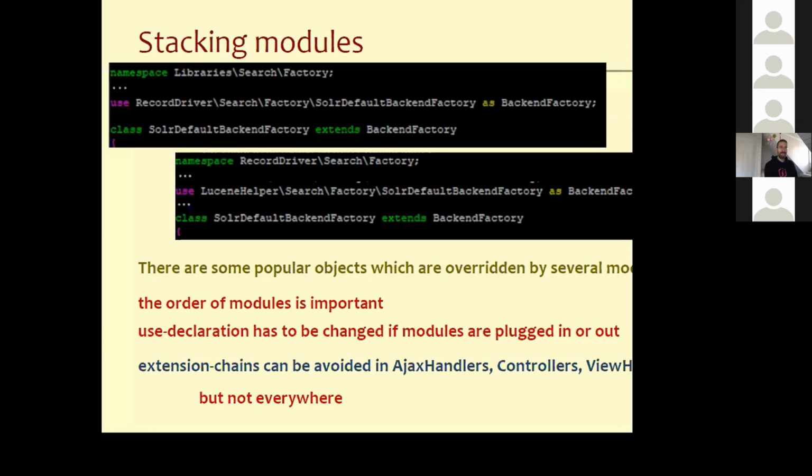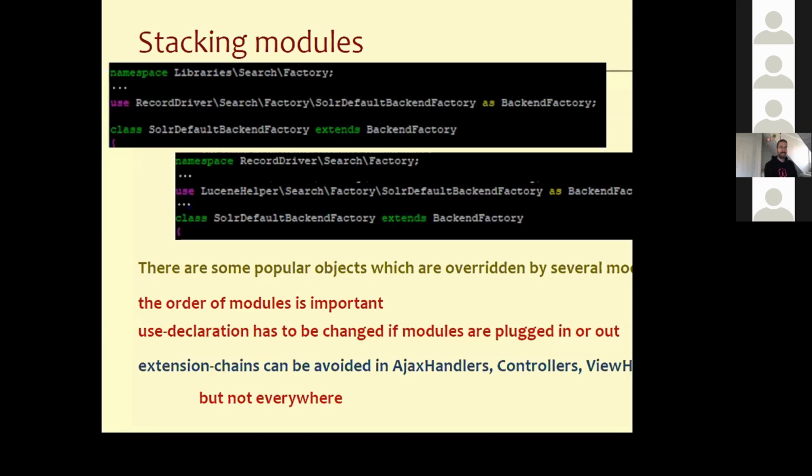The record driver module makes all the metadata you can see in the catalog configurable by only a YAML configuration file, so you don't need to do anything within the source code in order to change the presentation of the metadata in the catalog. And there are other modules as well, for example the Lucene helper module, which makes some aspects of the Lucene syntax helper configurable. And all of them need this Solr Default Backend Factory.